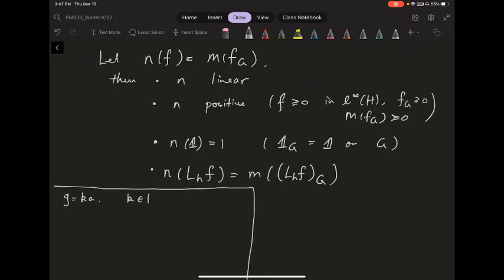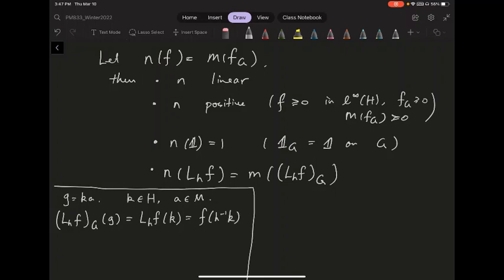Here k is in H, and a is some representative. And let's just evaluate this lift of the left translation at g. By definition, I only care about the H part, so this function evaluated at k is f of h inverse k.